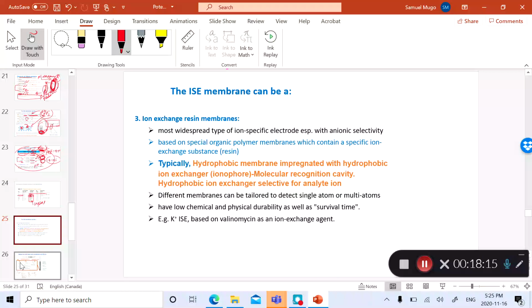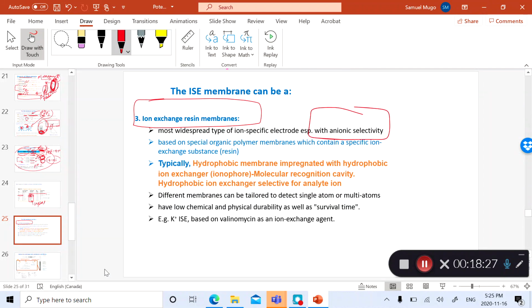So the other type of ion selective electrode is what you refer to as the ion exchange resin membrane. All right. And this one is very, very common, particularly when you're trying to analyze things like anionic or even cationic analytes. This one is based on a hydrophobic membrane that is impregnated with what you refer to as an ionophore.